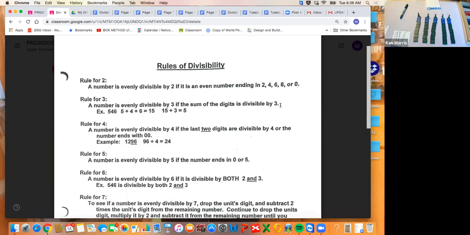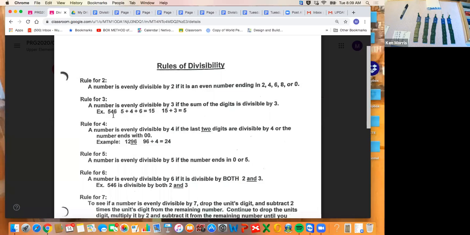But you could present this the same way that we presented divisibility by 9, just by showing a bunch of numbers, factors of 3, and showing that if you sum the digits and you get a number that is divisible by 3, then the whole number is divisible by 3.